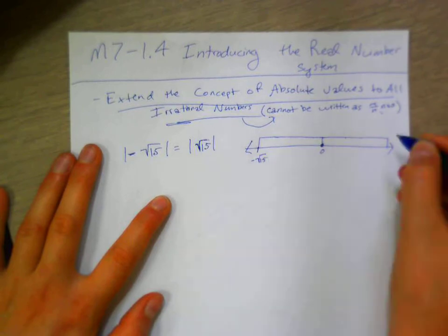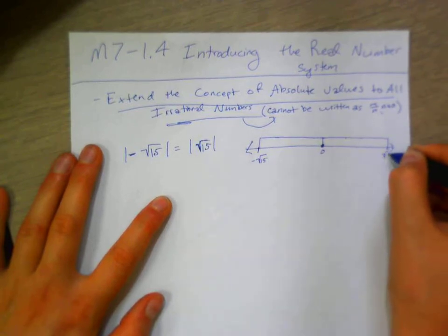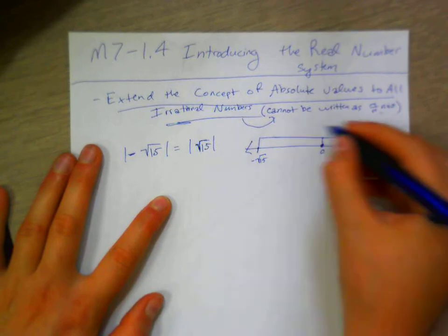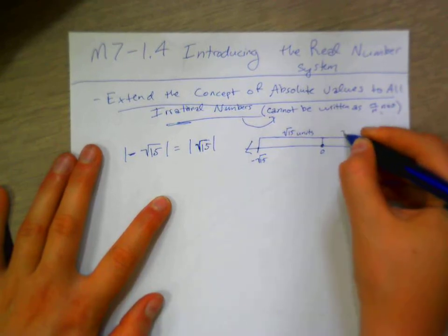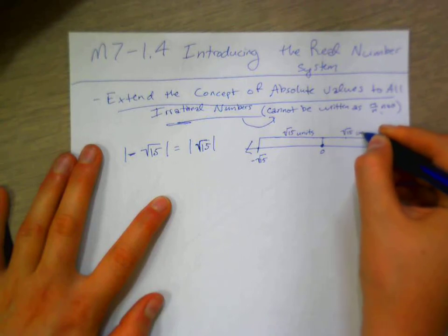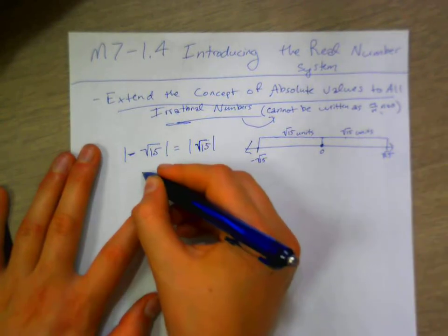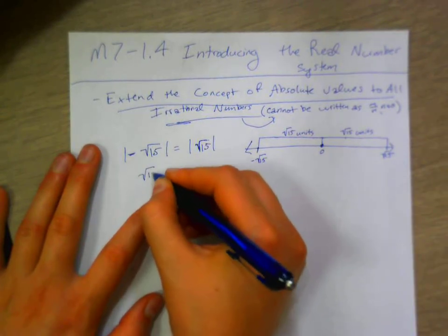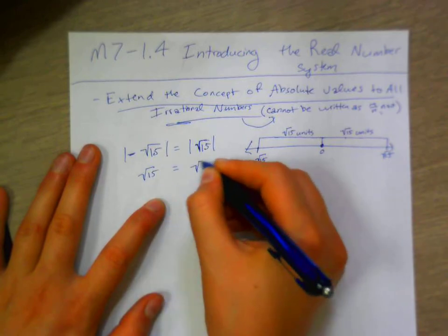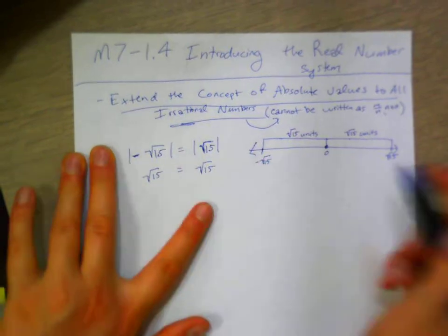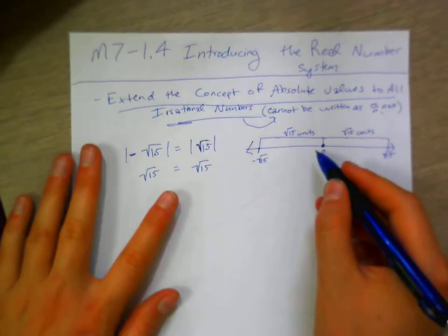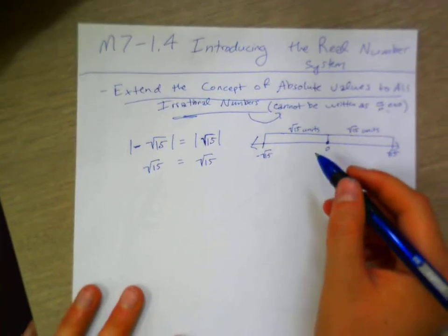This is the distance to the square root of 15. But these are both the square root of 15 units. Because you could say both of these are equal to the square root of 15. The absolute value of this is equal to square root of 15, absolute value of that is equal to square root of 15. Their units are the same, but they're in opposite directions on the number line, equidistant.